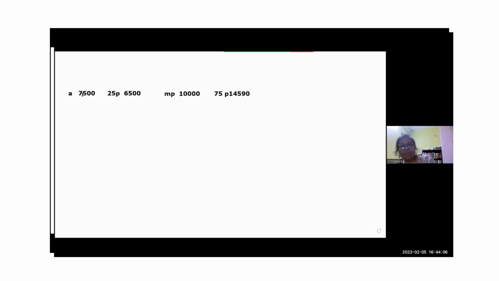So what is the comp ratio for this person and what action will you take? These two data points are market points, the 25th and 75th percentile. This is the base salary of the person. This is the midpoint. Tell me, what is the comp ratio and what action will you take?